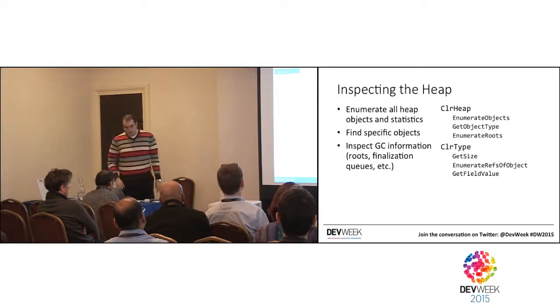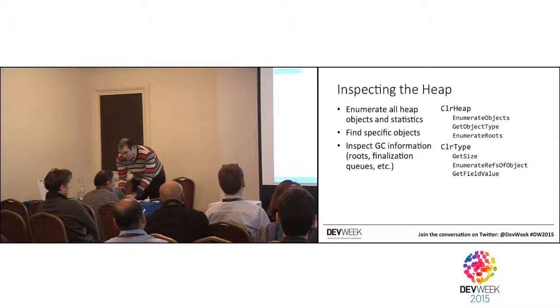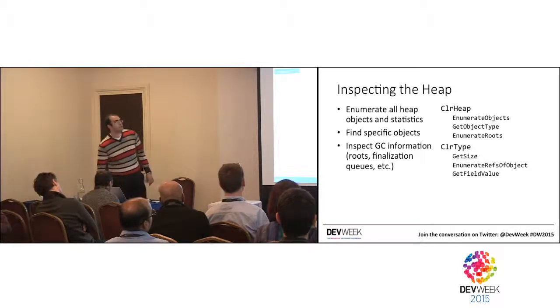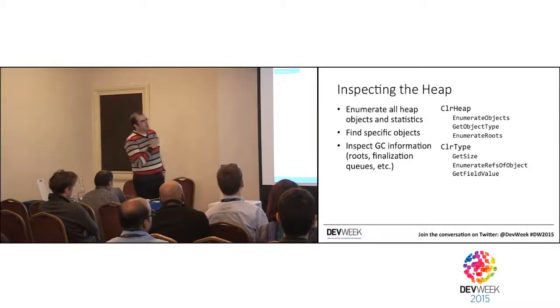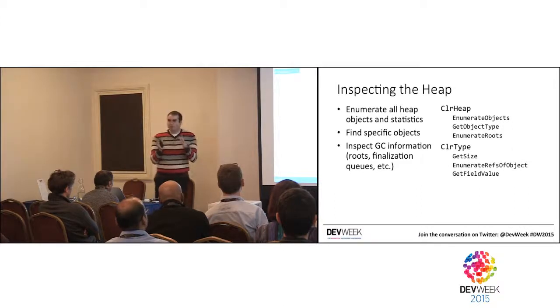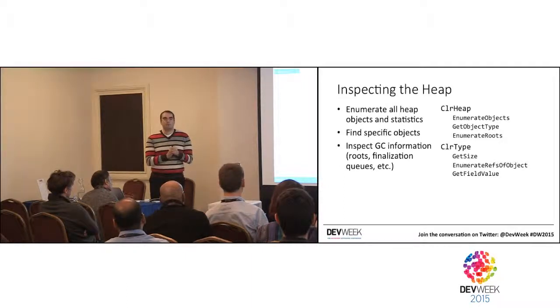If it's not null, then I want the object size, and we have type.GetSize, which given an object returns that object's size. Now, why would you need that? I mean, don't all objects of the same type have the same size? No? They don't?